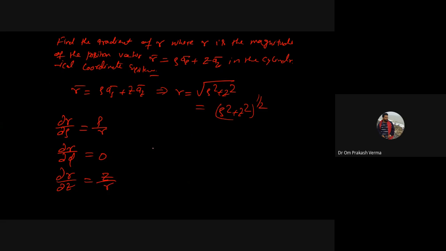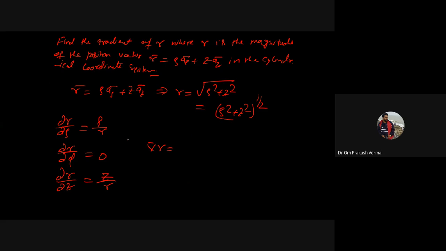So now you can put this value. The gradient of r is given by the formula in the cylindrical coordinate system. Put all these values in that equation and you can find the result, right?